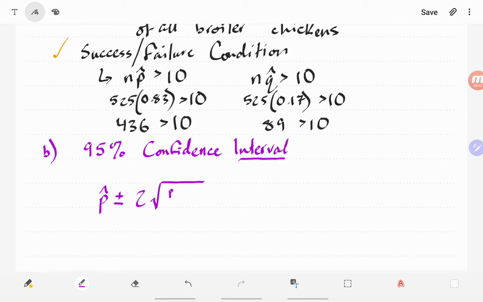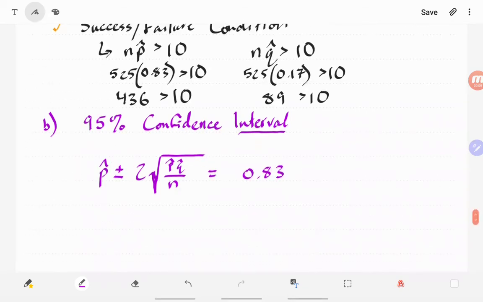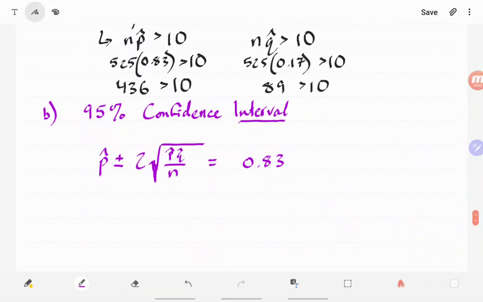So this is going to be 2 times the square root of p hat times q hat divided by n. And this is the standard error. That is the formula for standard error. So this is going to be equal to 0.83. Again, this p hat represents our sample proportion.